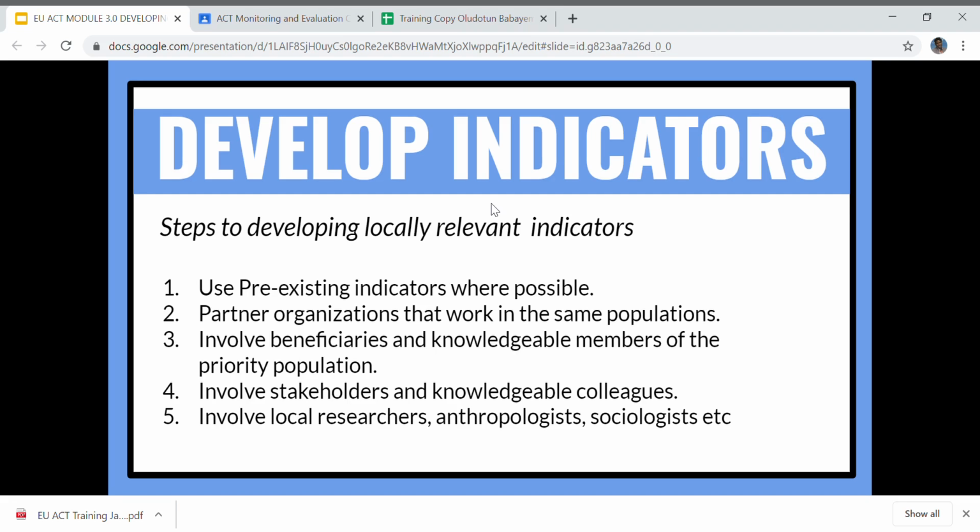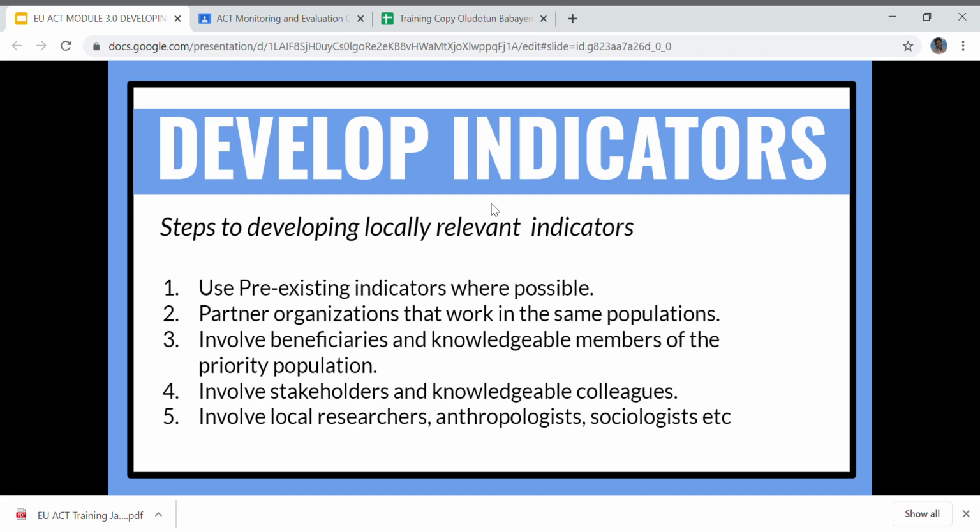What is the success? What would you see that you will now say, we have increased the number of children with disabilities in basic education? What would we see to know that we have reduced corruption during public procurement?